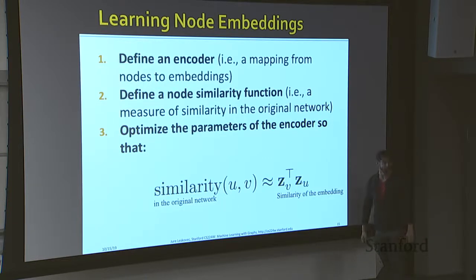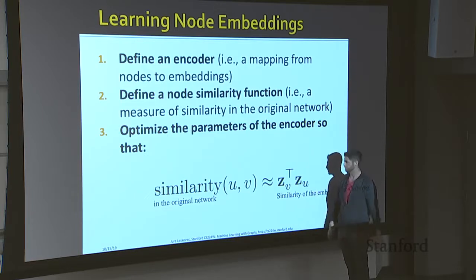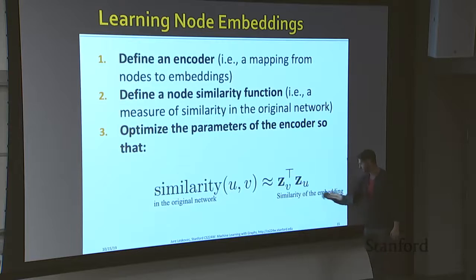And then at the end of the day, we want to optimize the parameters of our encoder in such a way that we get the best possible result for this equation, so that the similarity in the original network is as close as possible to the similarity of the embedding. For each of the techniques we're going to be seeing today, we're going to explore how exactly the parameters are optimized. So how do we learn the optimal model?